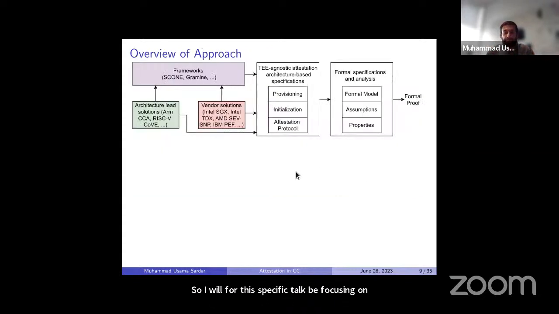And the approach basically is like this: these are the three blocks I had in the last figure. We have the TEE-agnostic attestation architecture-based specifications, which I will describe in a moment. That basically takes care of the three phases of the attestation.